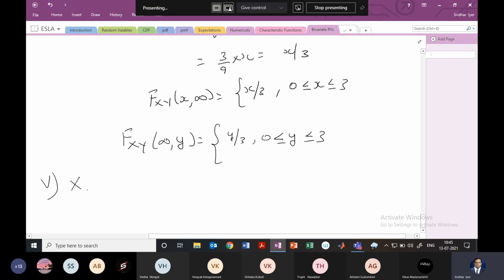It is asking us, are x and y independent? Can anyone tell me, from a probability point of view, when are two events independent? This is a very basic question. When are two events independent? Or you can give me an example of independent events.